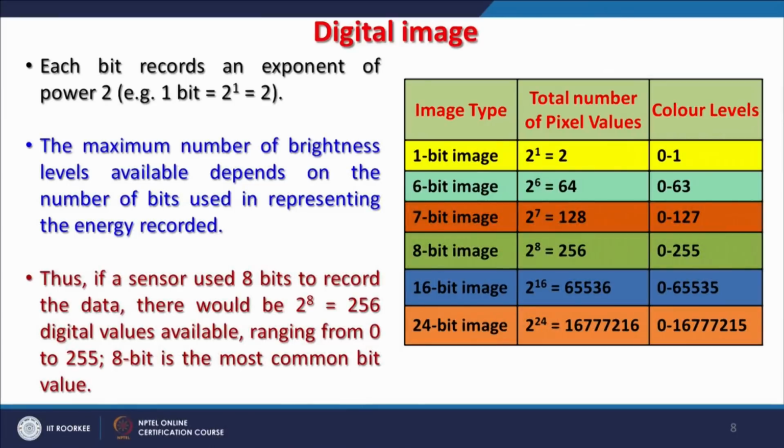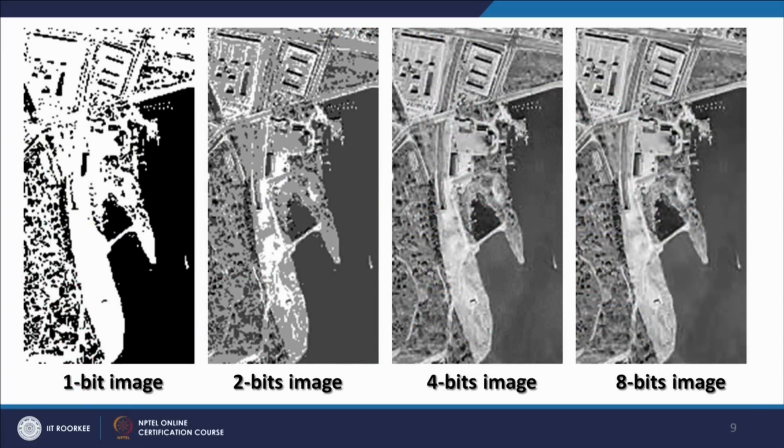But with 8-bit, 256 shades can be used to represent an area through an image. So if a sensor used 8-bit to record the data, there would be 2 power 8 equal to 256 digital values available, ranging from 0 to 255. 8-bit is the most common bit value in satellite images.